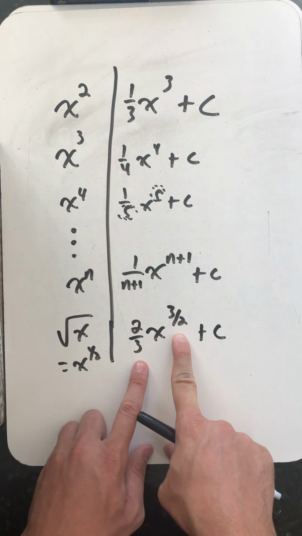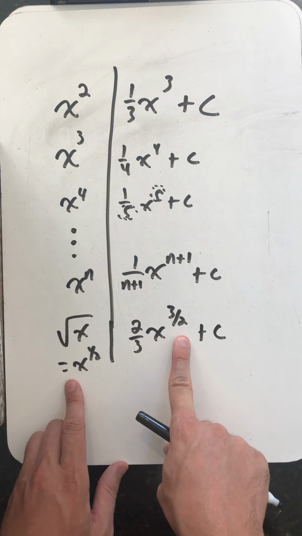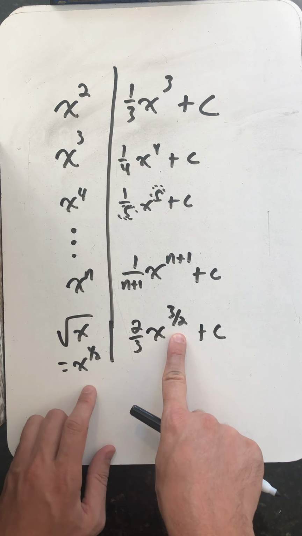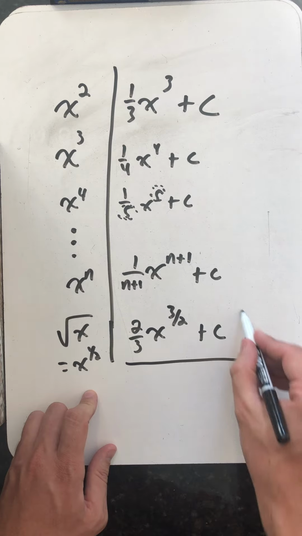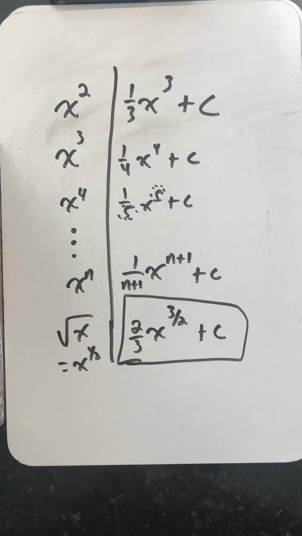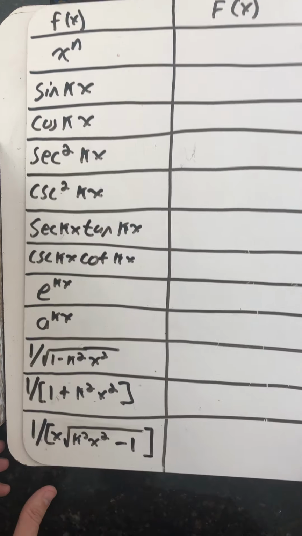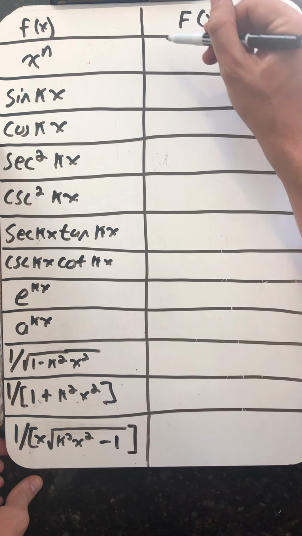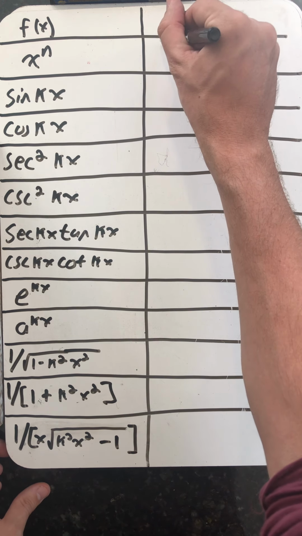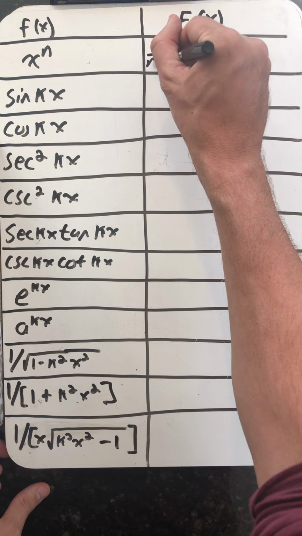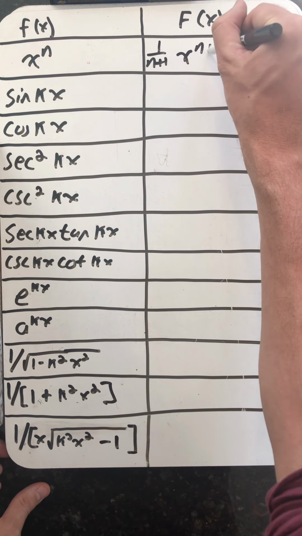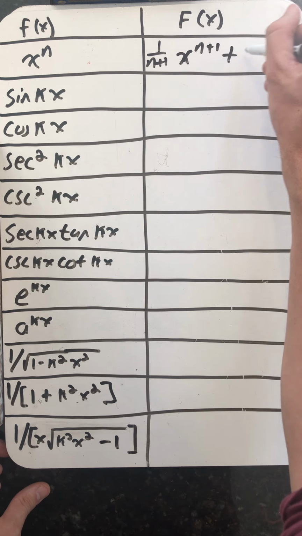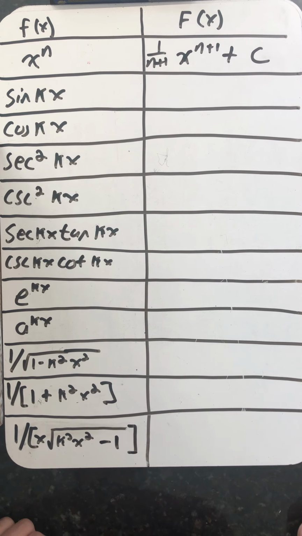Multiply the exponent down to take a derivative. 2/3 times 3/2 is 1. 3/2 minus 1 is 1/2, and that even worked for a fractional power. And so I can write a rule that this most general antiderivative is 1 over n plus 1 times x to the n plus 1 plus some arbitrary constant c.